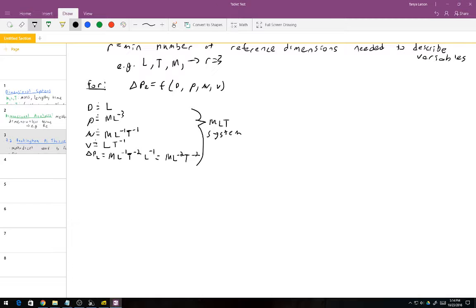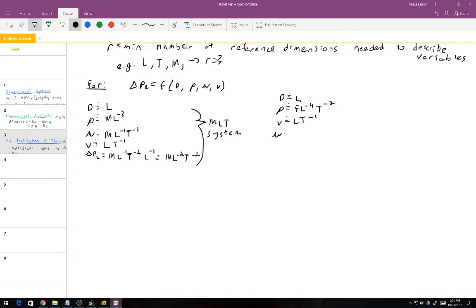Then if I look at the FLT system, D, of course, has units of L. Rho, as we saw before, has units of F, L to the negative 4, T to the negative 2. V is going to have dimensions of L, T to the negative 1.